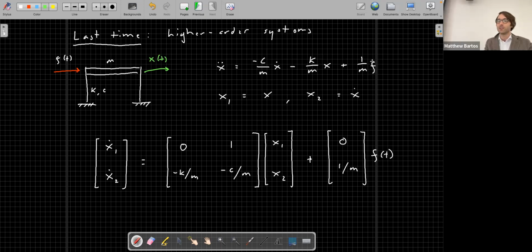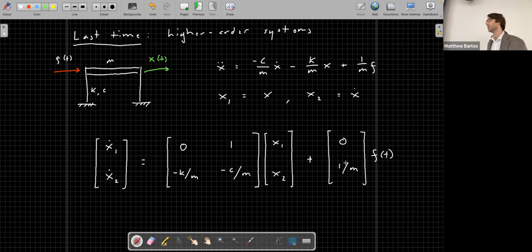We know the expression for the dynamics of the system in single variable form. We showed how we could convert it to a state space equation by redefining our state variables such that we separated out our system into two first order differential equations. So we set x1 equal to x, the displacement, and x2 equal to x dot, the velocity. And in this way, we were able to express our original system in state space form.